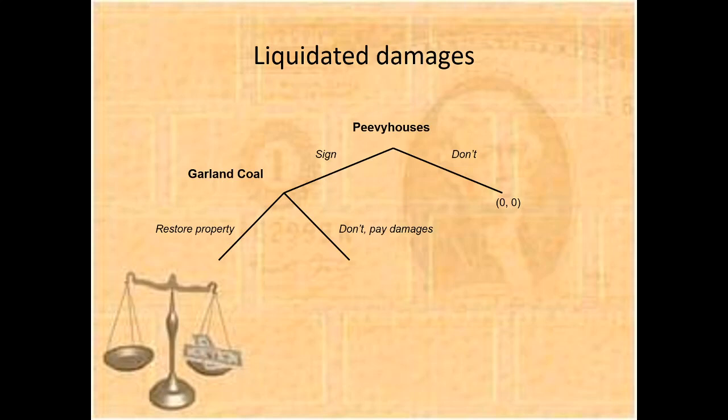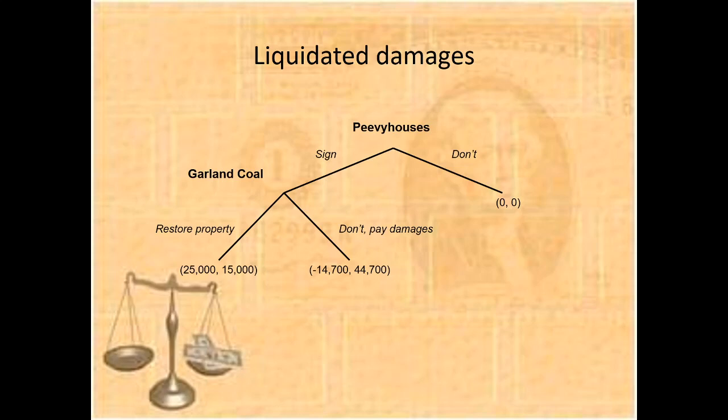Then we have already seen the trust game, right? So if you apply that logic, what happens? If PV House doesn't sign, both of them gain nothing. Okay, if they sign and they definitely restore the property, then 25, then 50,000. If they don't pay damage, then what happens?